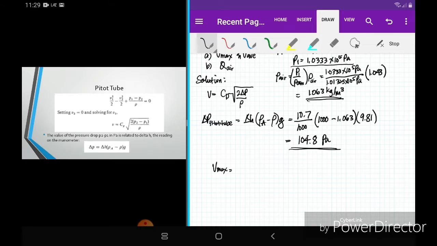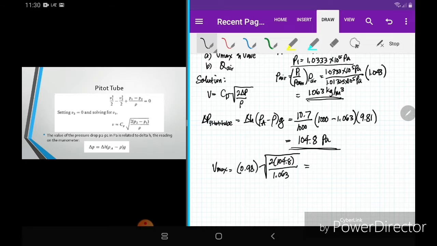And given from the problem that your C sub P is equivalent to 0.98 multiplied by the square root of 2 times 104.8 Pascal divided by the corrected density of air, which is 1.063.